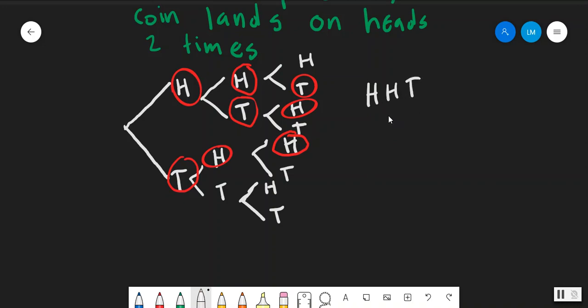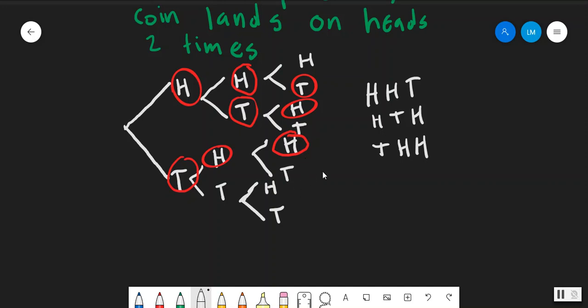This is a lot easier if we just identify one outcome, then from there just say, well, you also have that it could be heads, tails, heads, and then tails, heads, heads, which is the exact same thing. So that's a little easier in that case.